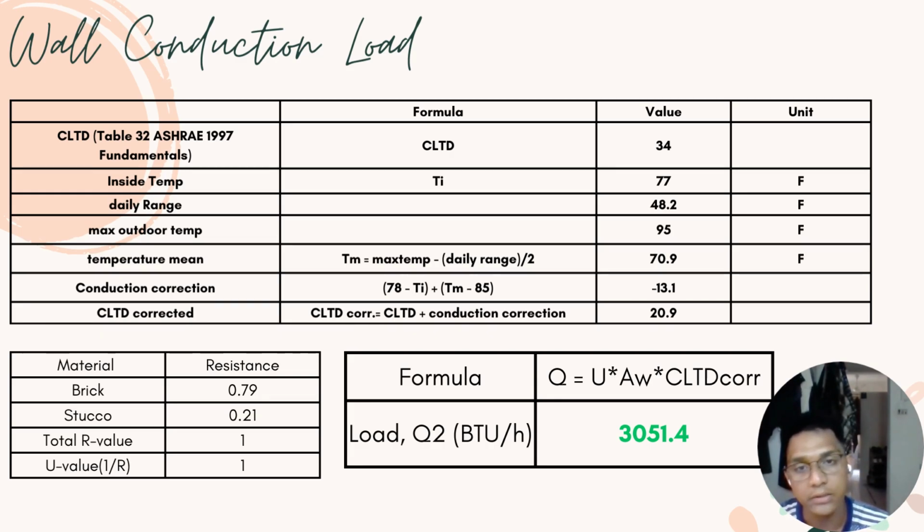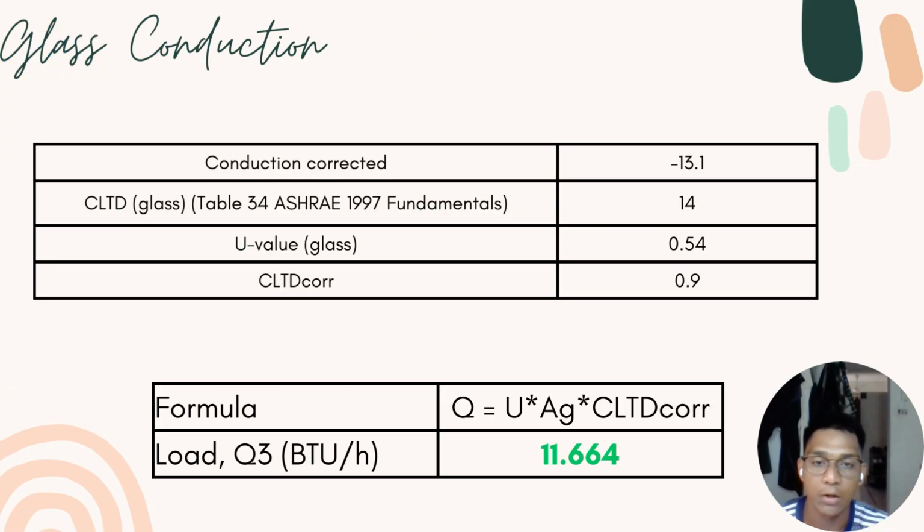The CLTD is corrected by the conduction correction. We get the value of CLTD from Table 32 of ASHRAE 1997 Fundamentals. After we calculate the wall conduction load, we get Q2 equal to 3051.4 BTU per hour.